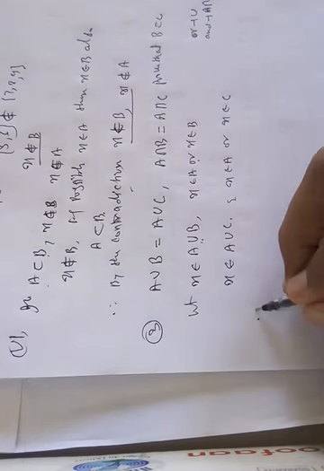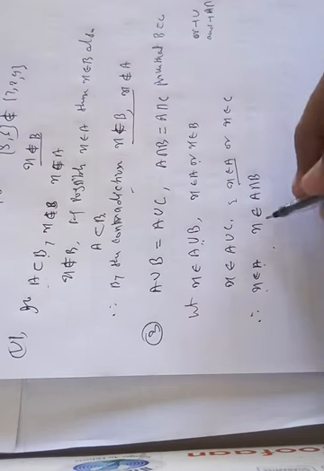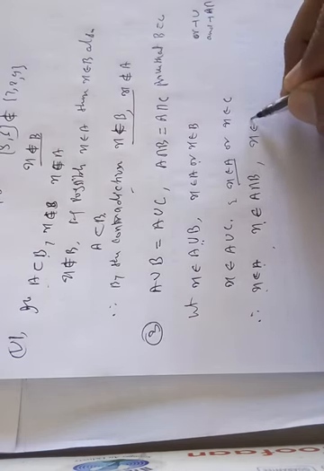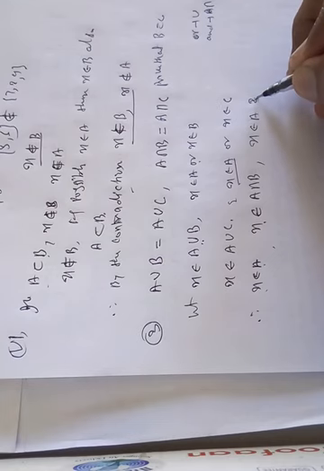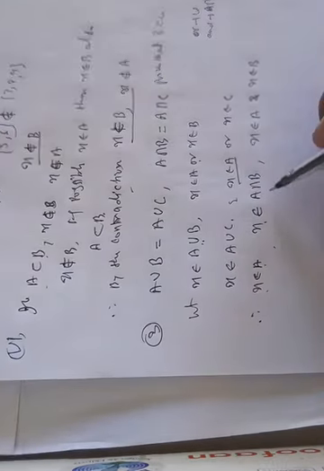So if X belongs to A, hence X also belongs to A intersection B. X belongs to A intersection B means X belongs to A and X belongs to B. This is compulsory for an intersection of A and B. A union is not compulsory for A and not compulsory for B; that is our choice.